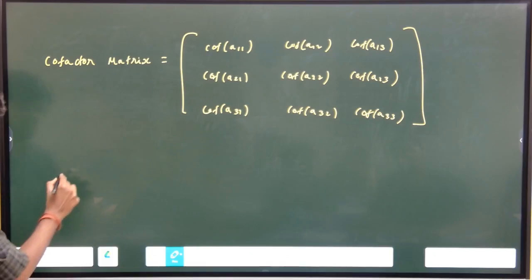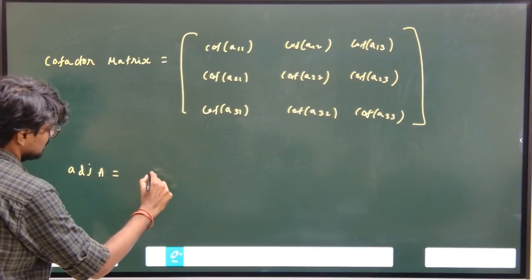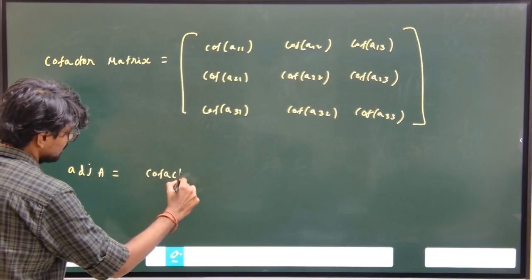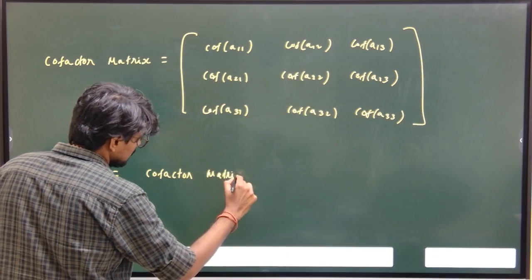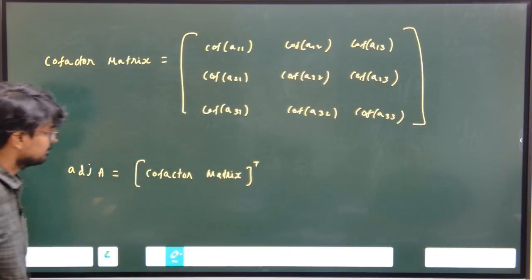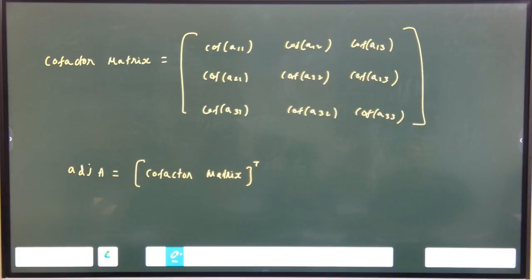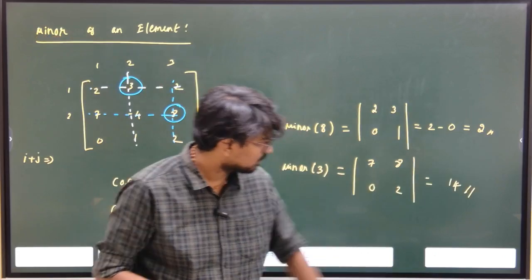The last one: what is adjoint? Form a cofactor matrix and apply transpose to it. That is adjoint. So four terms, but all are a continuation.